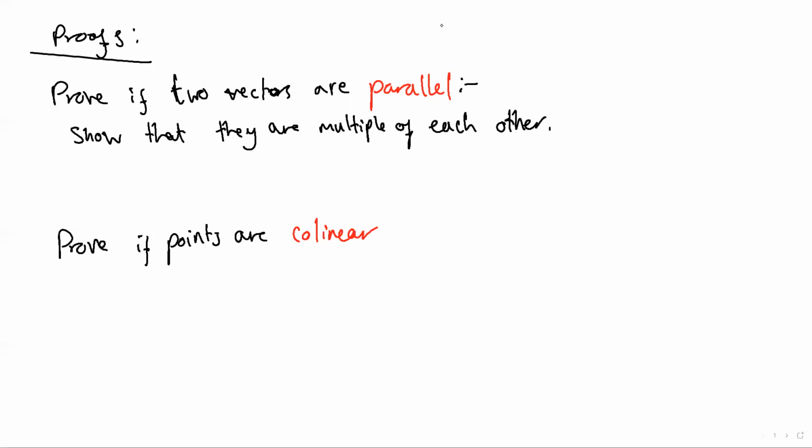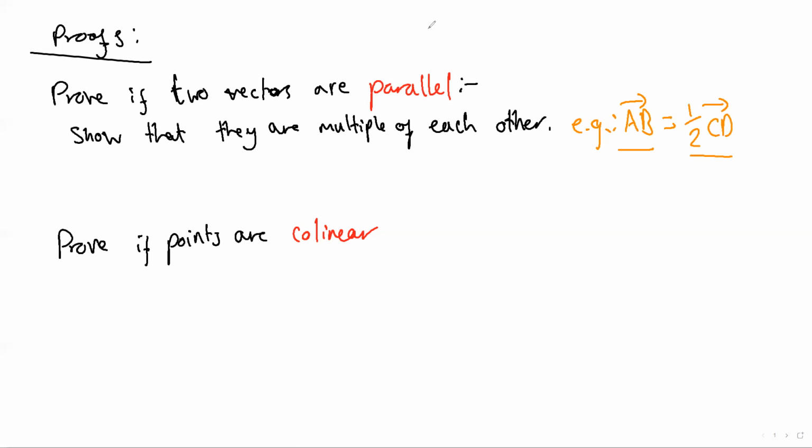So, for example, we could have AB equals 1/2 BC, or let's say CD. If we know that, then because CD is a multiple of AB, then we know that they're parallel. AB and CD are parallel.